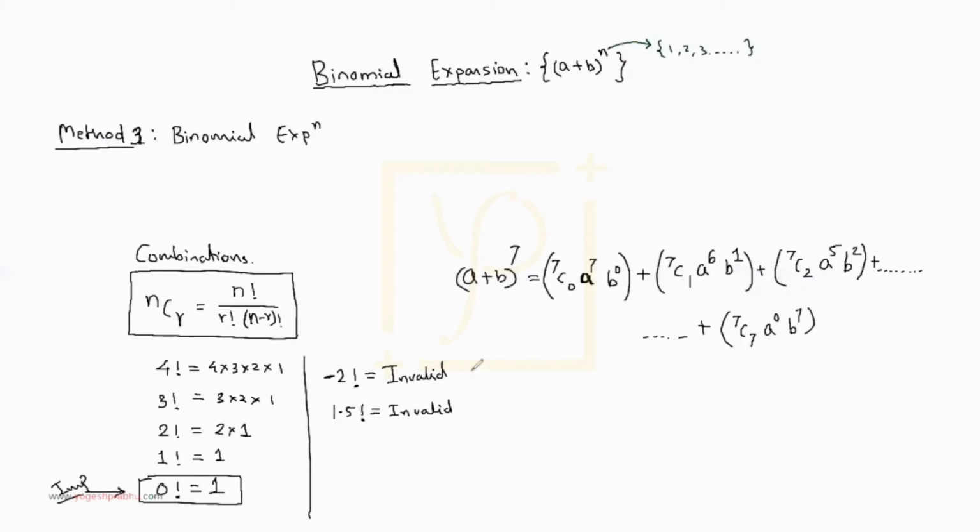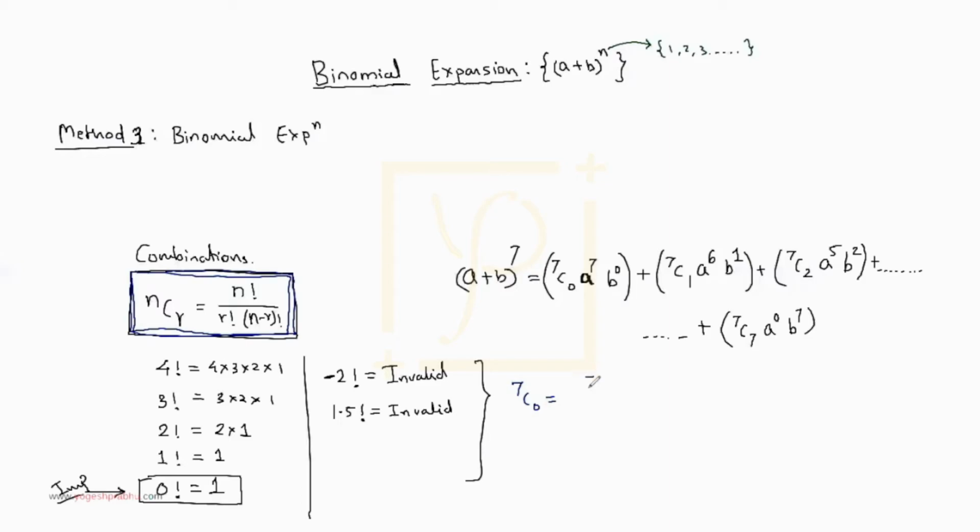Now, after knowing all this, can you tell me the value of 7c0? All you have to do is use this formula and find out the value of 7c0. You have to understand that now n is 7 and r is 0. So how will this formula work?